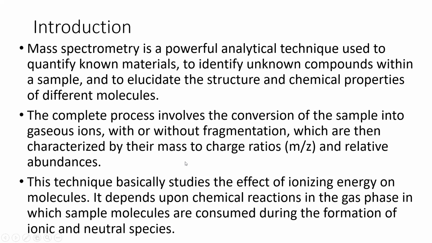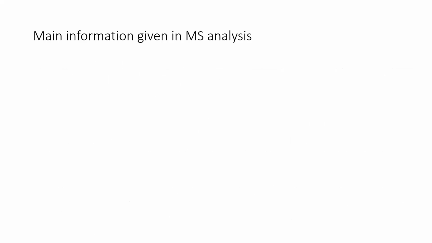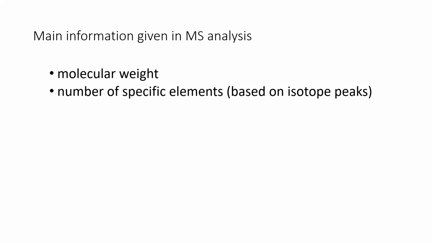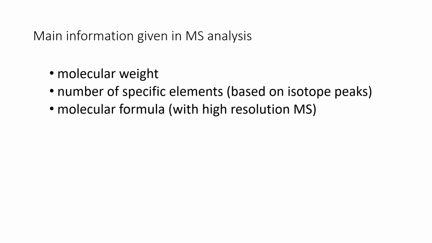This technique of mass spectrometry studies the effects of ionizing energy on molecules. It also depends on chemical reactions in the gas phase, where molecules are consumed during the formation of ionic and neutral species. When we get to the instrumentation, you will understand this better. The main information given by mass spectrometry is the molecular weight of a compound and the number of specific elements based on isotopic peaks.